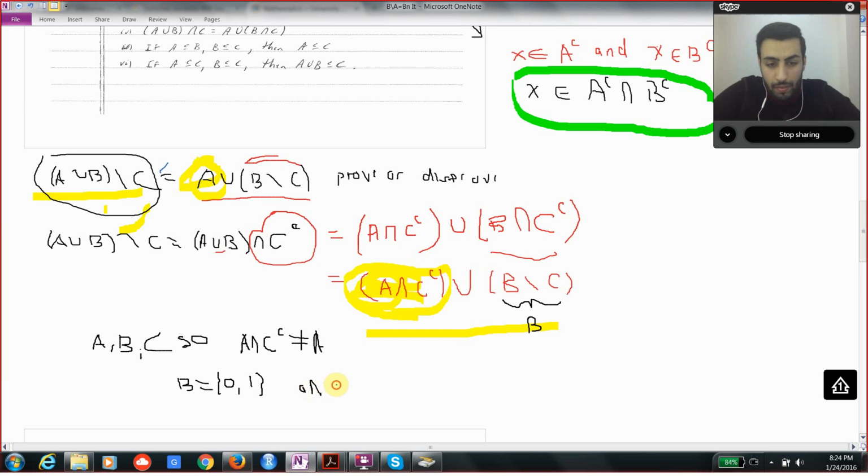And so I'm going to make C be equal to 2, 3. And now I'm going to make A have a little bit of overlap. I'm going to let A be equal to 3, 4.